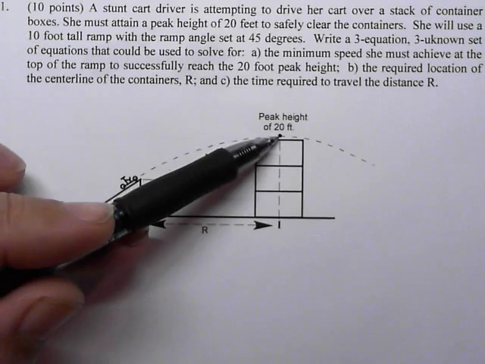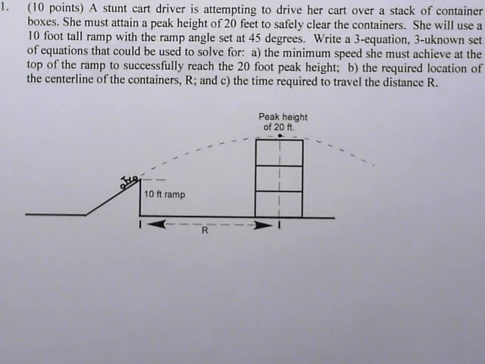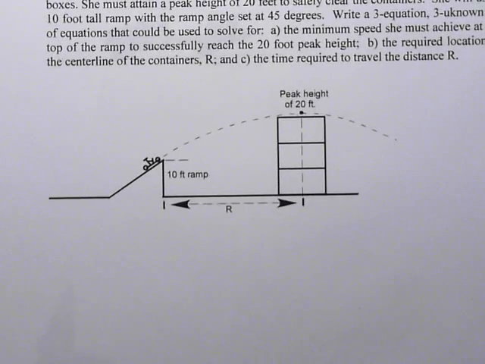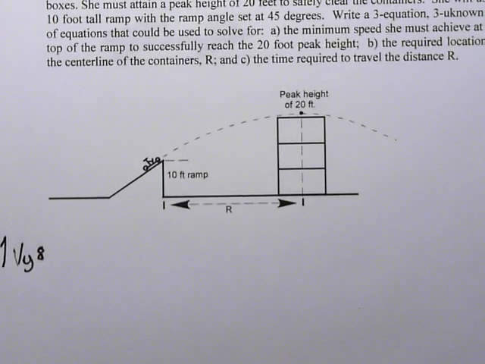At a key point in the problem, that is where we want our peak height to be, and anytime we see that, that means we're probably going to be writing a peak velocity equation. And so I'm going to say velocity in the y direction, with y direction being up. That's the equation that I'm going to write.